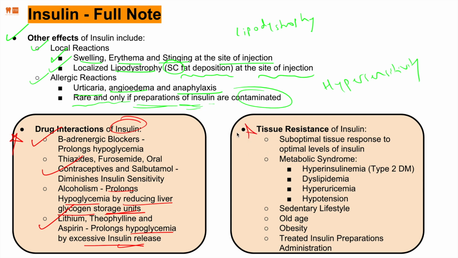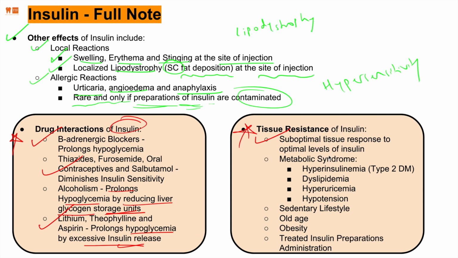Tissue resistance of insulin, the topic we keep talking about, but let's learn it slightly deeper. Suboptimal tissue response to optimal levels of insulin. That is the entire summary of the whole topic.